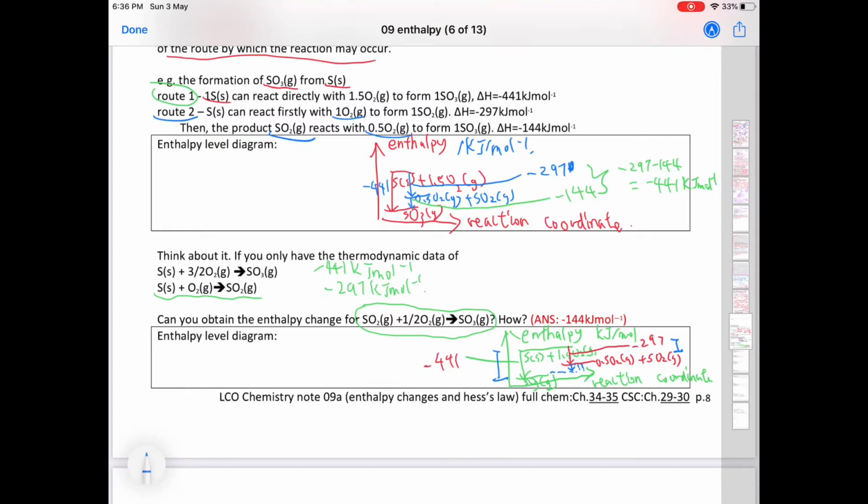And because now we are applying Hess's law, maybe we define the new term as delta H. We would like to find this number, delta H, equal to the difference between these two numbers.